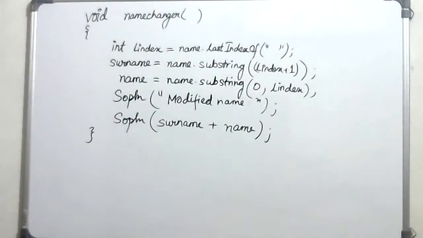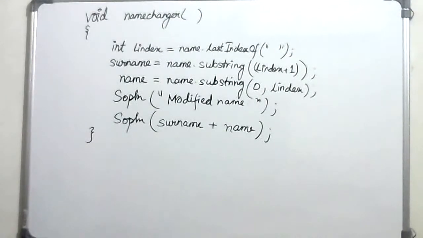Pretty simple. We find the last index of the space. So we find the index number of the last space in the name. So just after the last space we'll have the surname. So I use the substring function to extract the surname, starting from the next location of the last index of the last space.